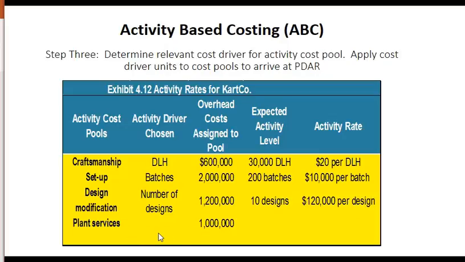Next, plant services. The activity management has chosen in this case is square footage, and I have $1 million of estimated cost in the cost pool to assign. Dividing the 20,000 square feet into the $1 million cost pool for plant services, I come up with an activity rate of $50 per square foot.